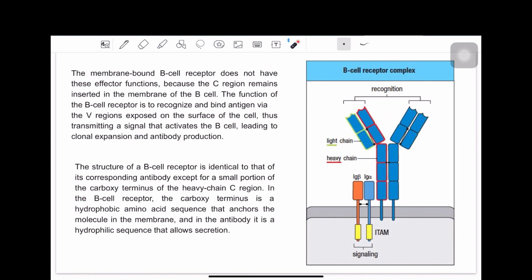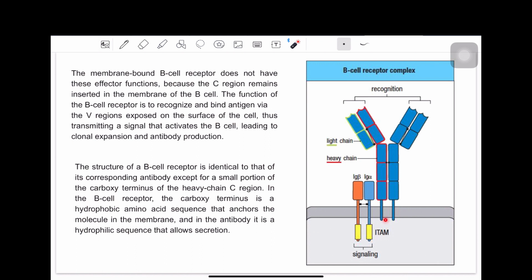Right, now this is the B cell receptor complex. The B cell receptor alone is not enough to produce the signals when it binds to the antigen. So it needs two other molecules, Ig alpha and Ig beta. These are the signaling molecules that form a complex with the B cell receptor, and together they form the B cell receptor complex.